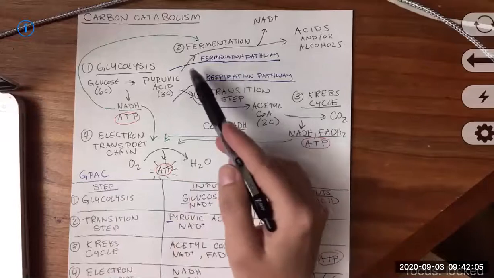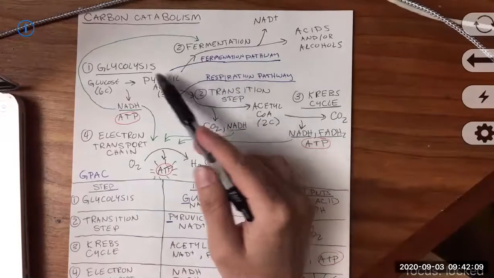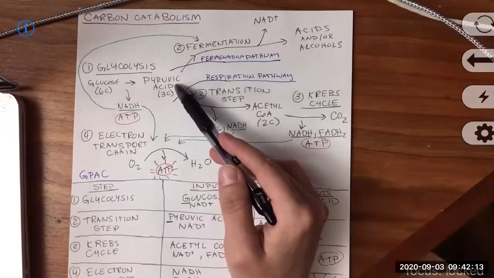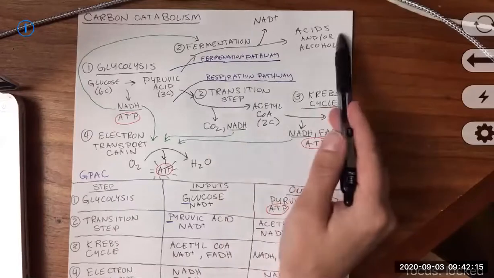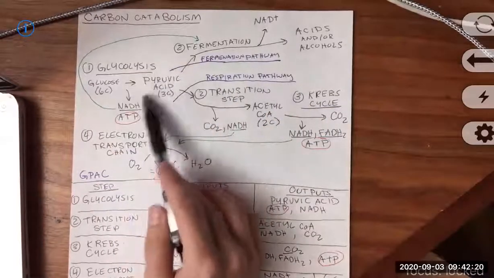The alternate pathway here is fermentation, and some organisms have the enzymes that allow pyruvic acid or compounds that are made from pyruvic acid to be converted into acids and alcohols, regenerating NAD+, so that glycolysis can power the cell.